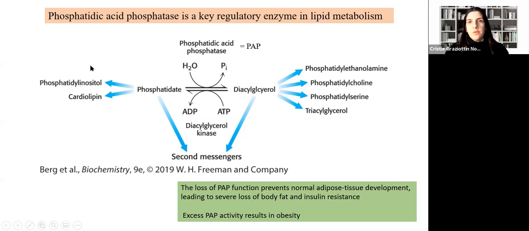So you can already realize that if we have loss of function of PAP, this is going to prevent normal adipose tissue development, because the triacylglycerol synthesis is going to be compromised. This can lead to a severe loss of body fat and insulin resistance. On the other side, if I have excess of PAP, then I'm going to produce too much triacylglycerol, and this can result in obesity.